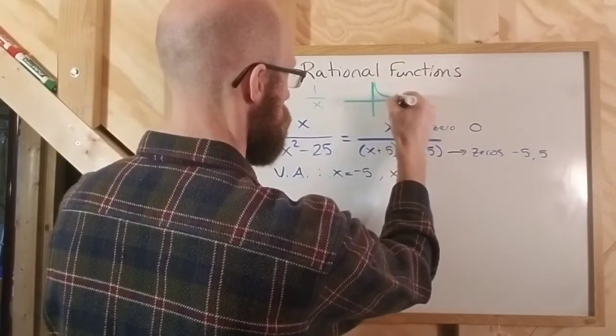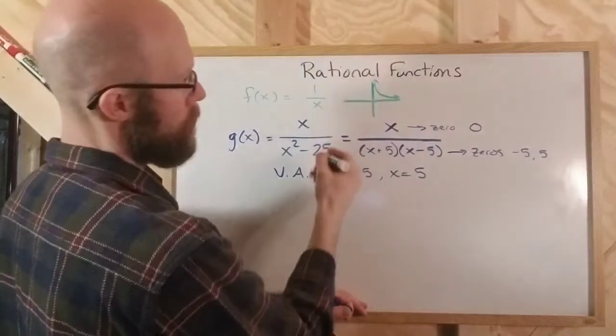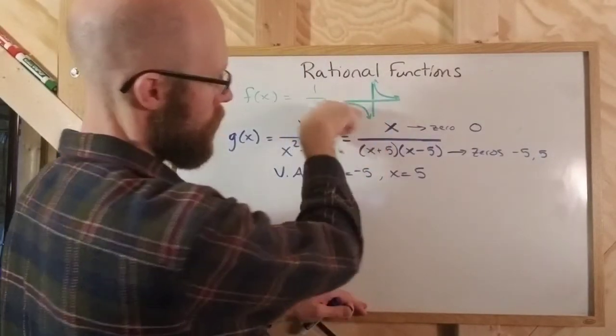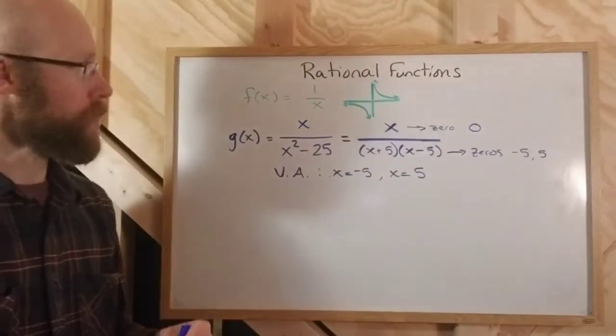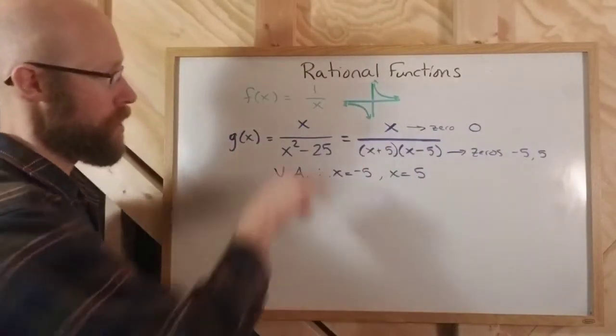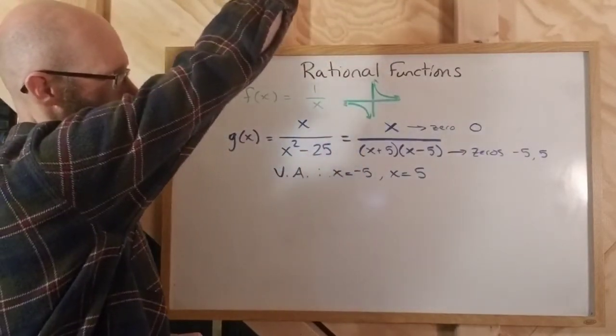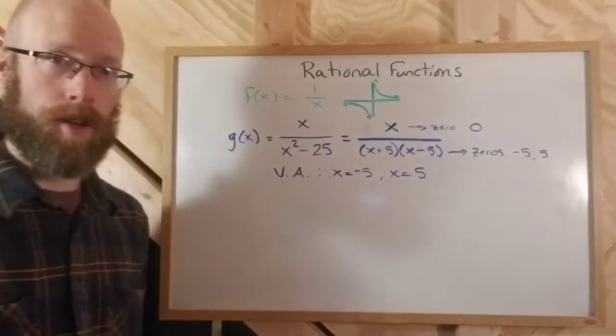On one side of the vertical asymptote, the graph is going up toward it. On the other side, the graph is going down toward it. Really on both sides it's a decreasing function, going down to negative infinity and then coming up from positive infinity going down.